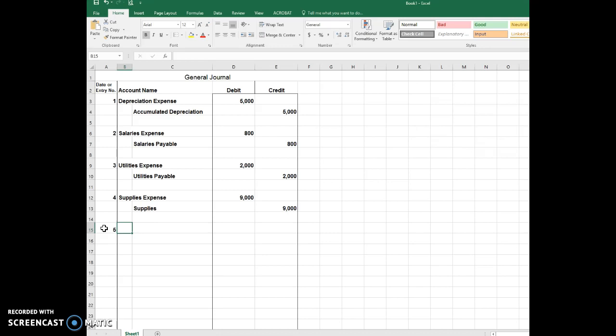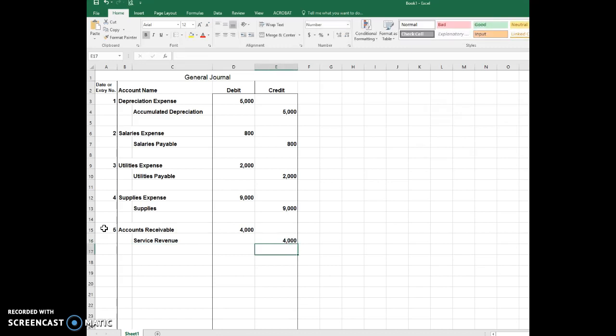So we would debit accounts receivable, let's say that was $4,000, and then credit service revenue, $4,000.